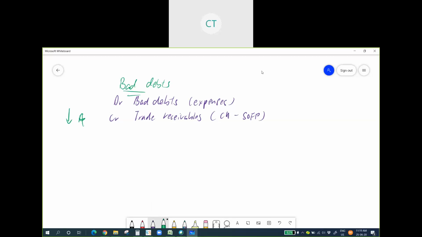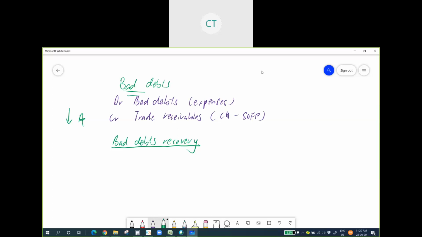Next, the next concept is called bad debts recovery. What is bad debts recovery? It means that those bad debts you have recognized in the previous year have been collected from the customer subsequently.